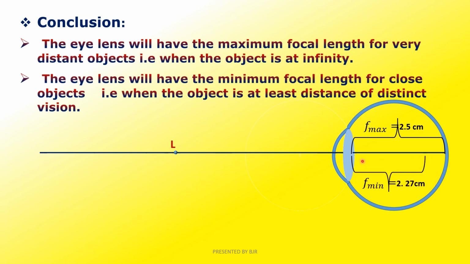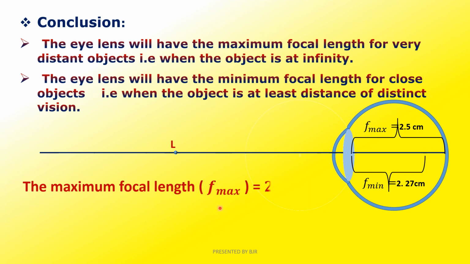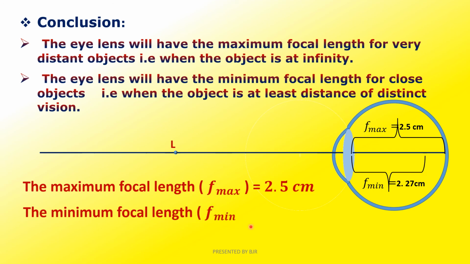Its focal point will be somewhere here. Previously it was here. In case of maximum focal length, the focal point will be here. In case of minimum focal length, the focal point will be here somewhere. So the maximum focal length f maximum equal to 2.5 centimeters and the minimum focal length f minimum equal to 2.27 centimeters.